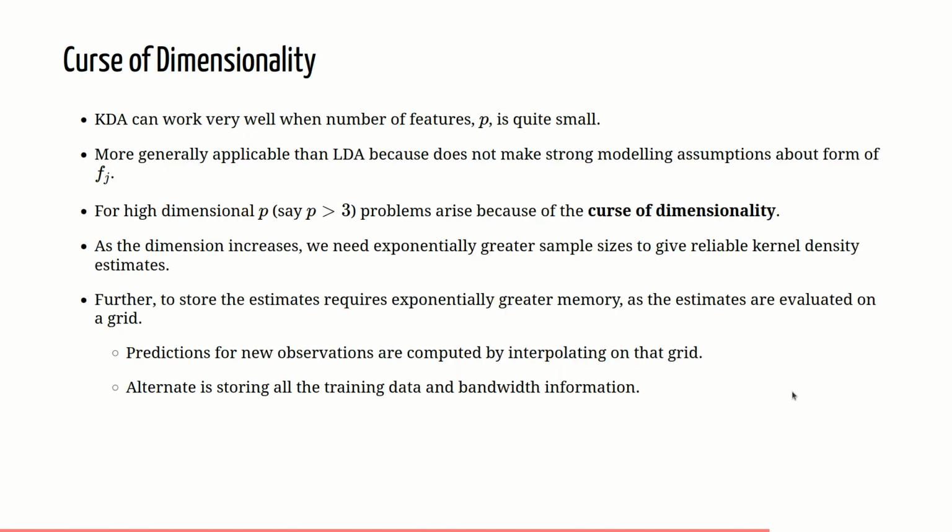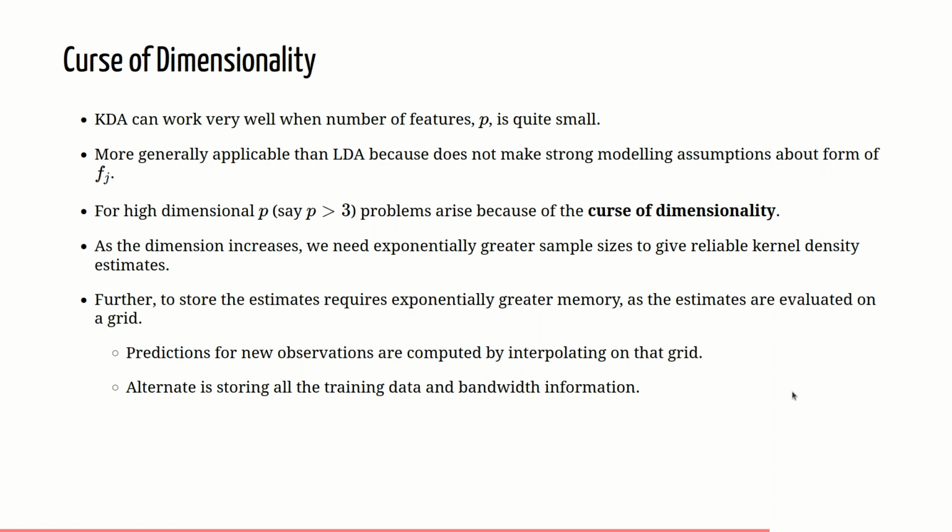Now, the problem with KDE is that essentially you're working out a huge number of parameters. So KDA works really well when the number of features is small. And in that case, it's going to work better than LDA almost all the time because it doesn't make the strong modeling assumptions that LDA does.